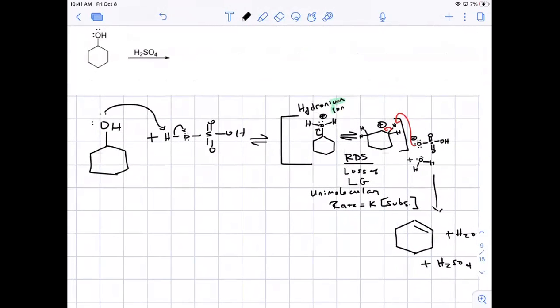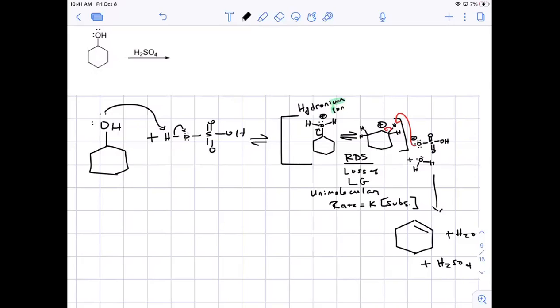So again, with this particular example, you protonate the hydroxyl group, lose it as water, which is still a rate determining step. And then you eliminate either using conjugate base or water, which left as a leaving group. Both of those can act as a base in this case. But that's the gist of the E1.